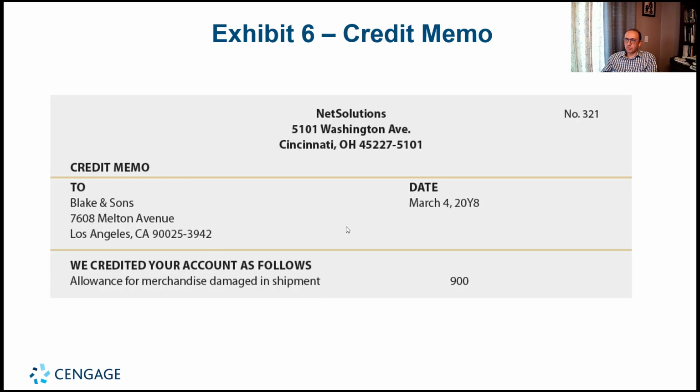And then there's a credit memo that you usually receive, or actually we send to the credit customer. So you see here our company records the credit memo to Blake & Sons, letting them know that we are going to allow a $900 allowance for merchandise damage and shipment.